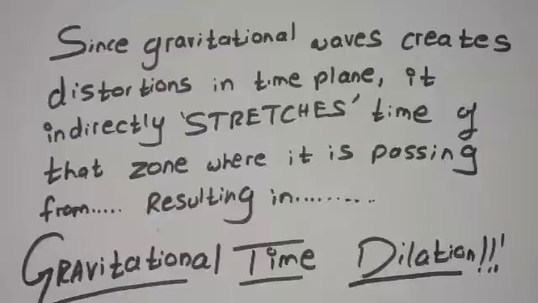We can time travel if gravitational waves are passing through, as they simply distort time. Since time goes from up to down, waves go from up to down, from crest to trough, we can simply see the different phases of time. I hope you're hearing me clearly. We can see different phases of time because waves are in the form of crest and trough. So gravitational time dilation is possible through any gravitational waves.